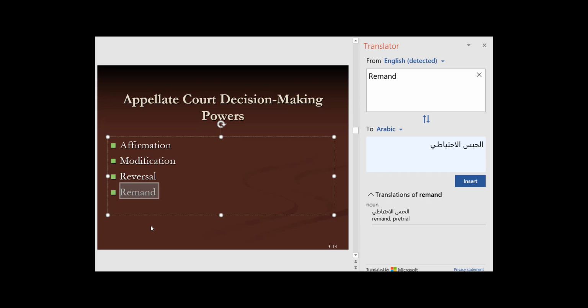Remand means you don't have to start all over again. There's one question that was not given enough attention in the lower court. Maybe damages. Maybe there was not enough information about the damages.